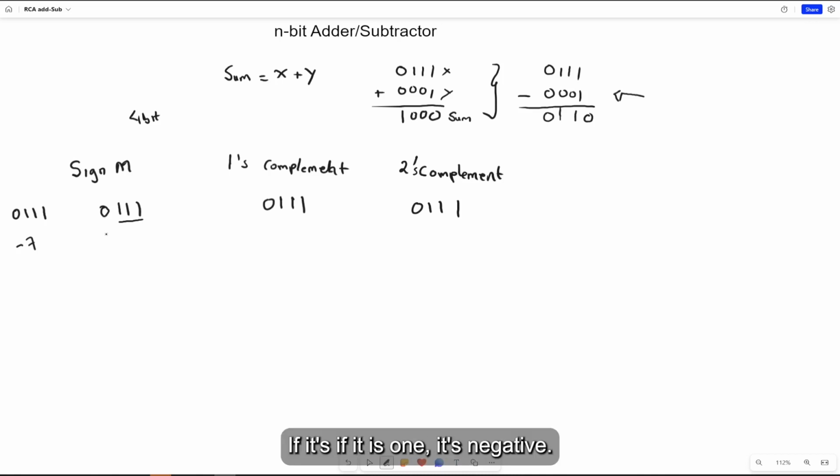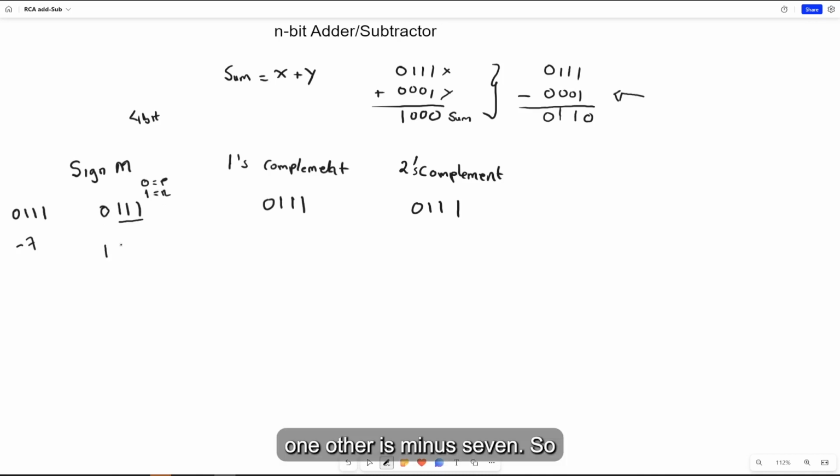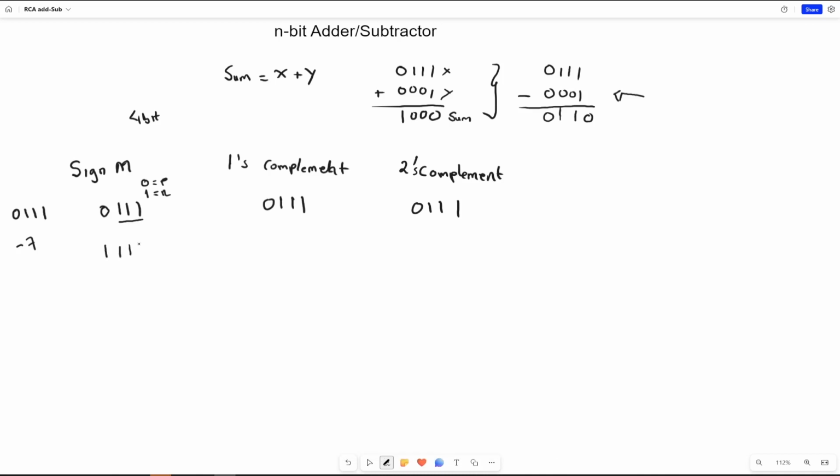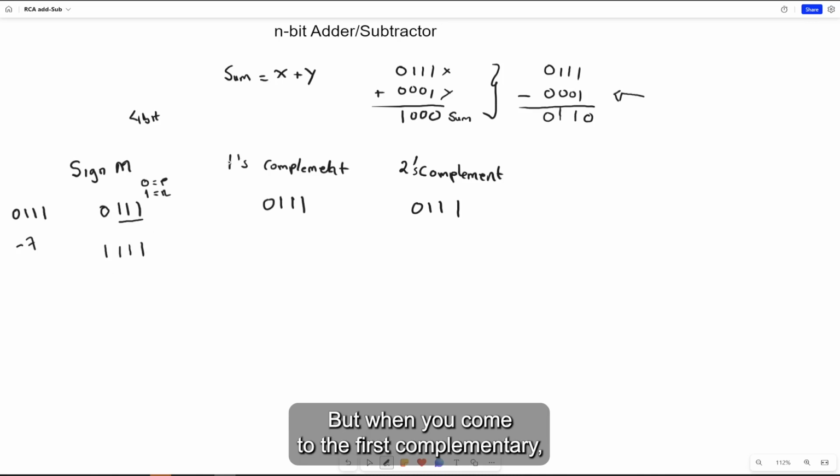If it is 1, it's negative. So for minus 7 you write the sign bit 1, meaning minus, and then 7. This is the easiest way to represent it, and it is user friendly too.